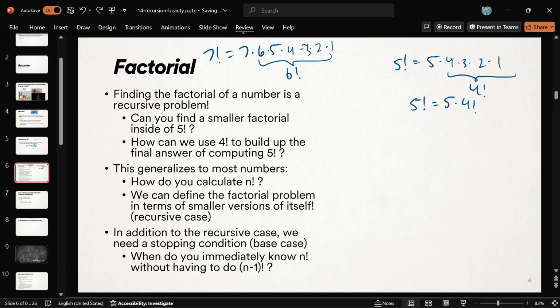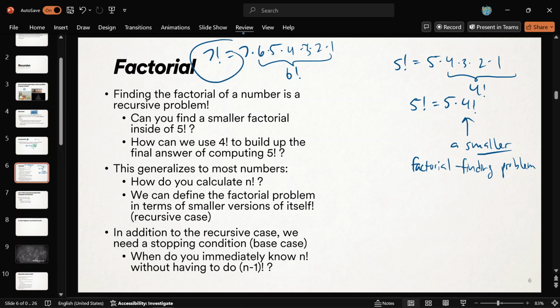We're going to use that in a second. So we're solving 5 factorial in terms of itself, in terms of a smaller factorial problem. Right there, that's our smaller factorial-finding problem, which is interesting and cool. And this works for pretty much any number. You ask for 7 factorial, 6 factorial, 8 factorial, they all work like this.